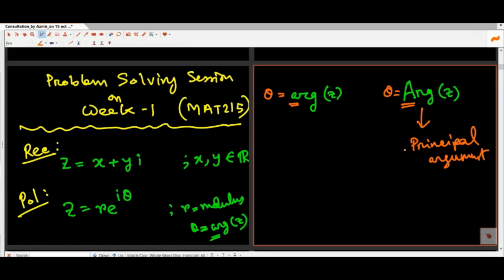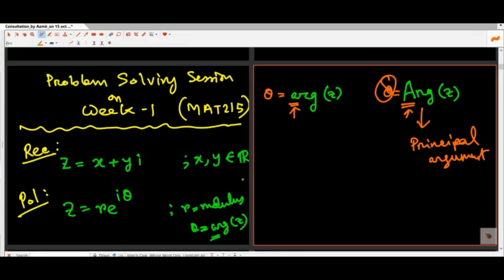So just to have the knowledge of principal argument, you can use two different forms, that is small a and capital A. So let's say this is theta and this is big theta. So this is how we can differentiate these two.